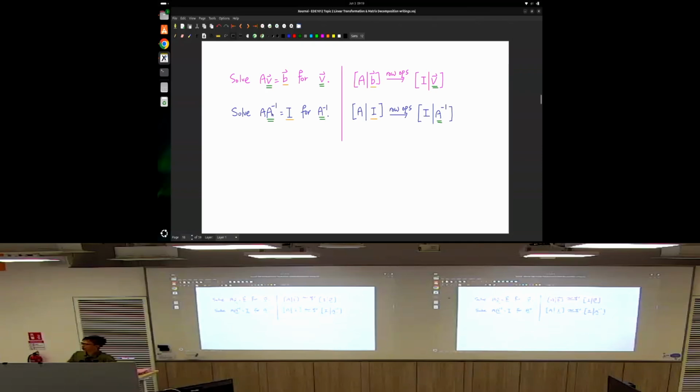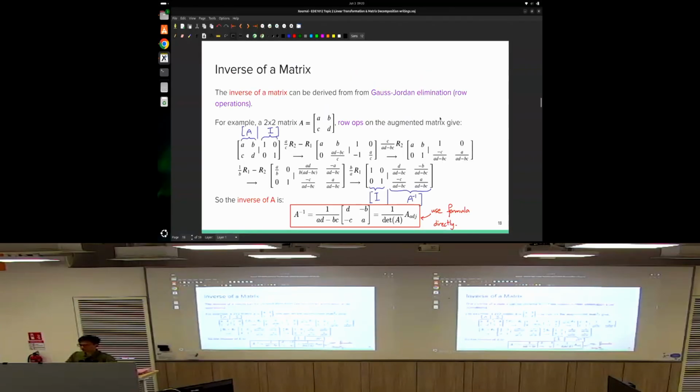Notice that A inverse takes the position of V. So when the left-hand side matrix becomes I, then the right-hand side must become A inverse. This is concretely demonstrated in these row operations. So A inverse is on the right side when you make the original matrix A become I.